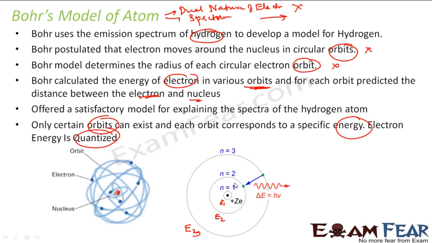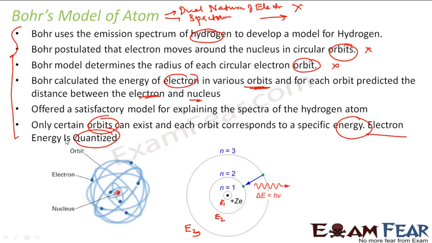That's what he told. This is a very basic explanation, but actually it is not this way. The actual explanation is the quantum model of atom, which we'll discuss later. But just now understand the work which is done by Bohr. It was a very good achievement because the best part in this explanation was the quantization of energy.